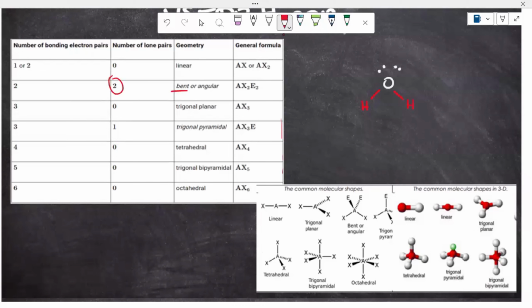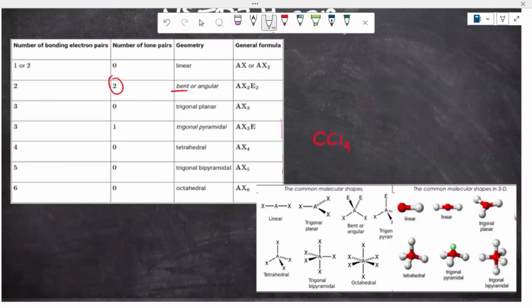So if we were to take, for example, let me just think of one, CCl4, right? Naturally you wouldn't really know, but you can figure it out. Let's work with the Lewis diagram.